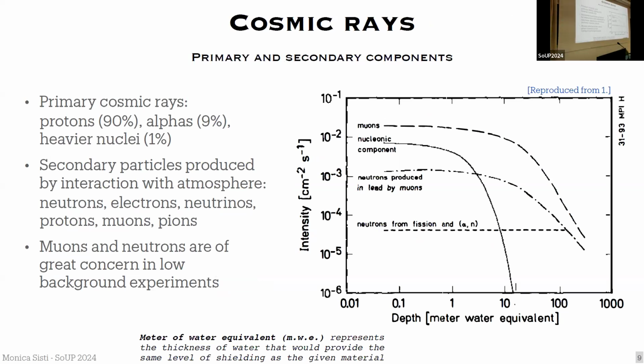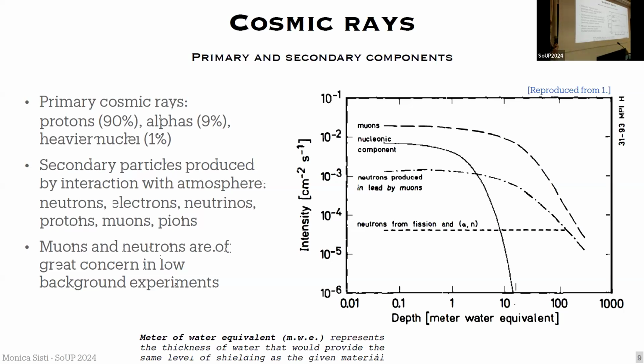We start from the bottom, so from cosmic rays. Cosmic rays are primarily made of protons, alphas, and heavier nuclei, but mostly protons. And they bombard the atmosphere and then give rise to other particles: neutrons, electrons, neutrinos, protons, muons, pions.